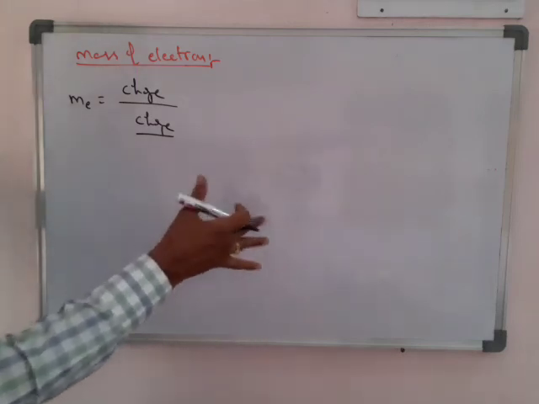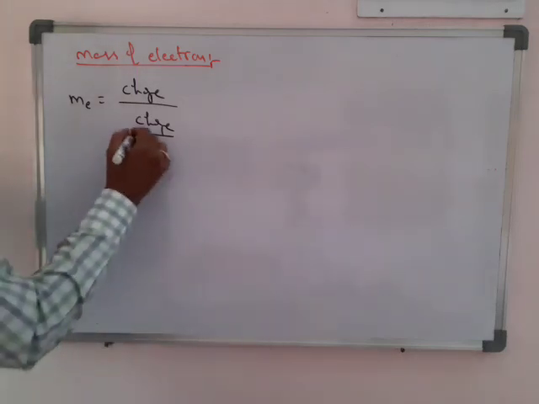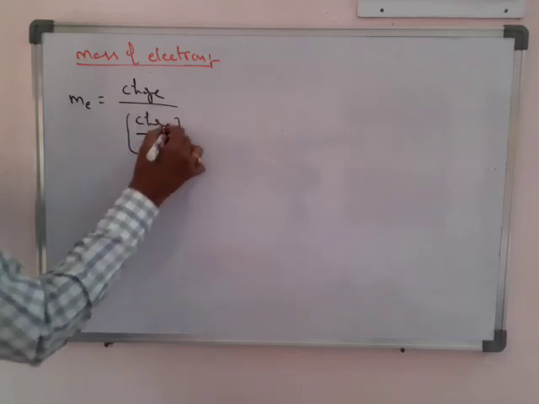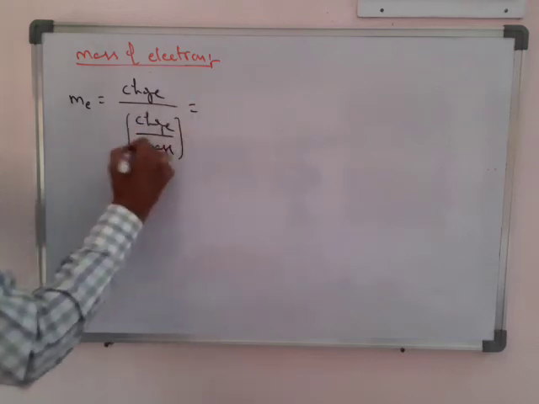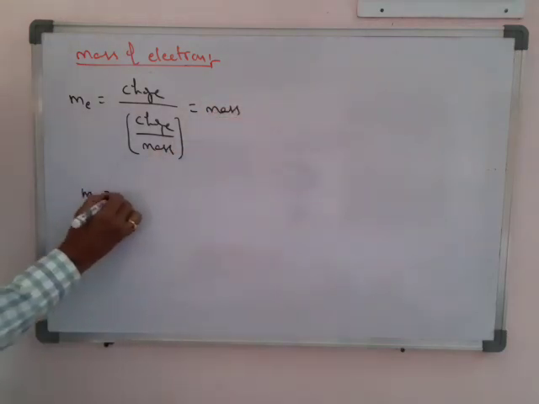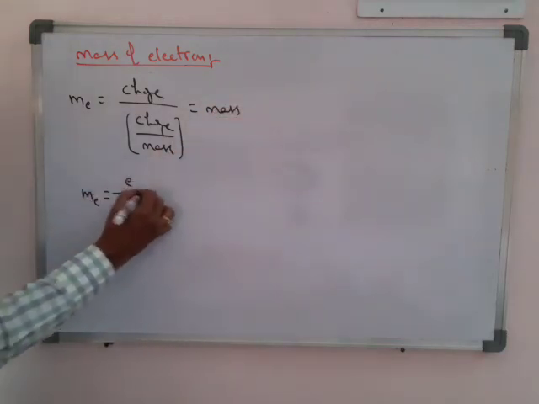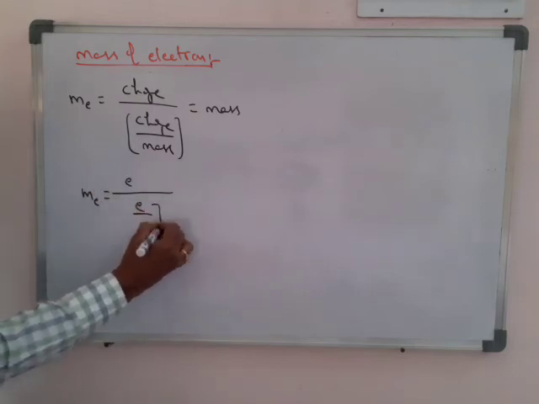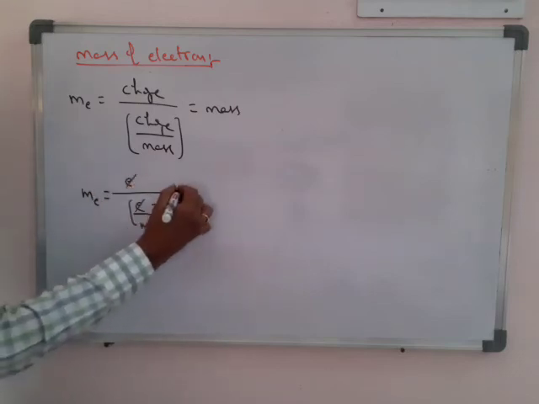It's not exactly the opposite ratio, not like that. Here we will get exactly the mass. So mass of the electron equals the charge, which we take as the symbol e, divided by the charge to mass ratio of the electron. So here things get cancelled.